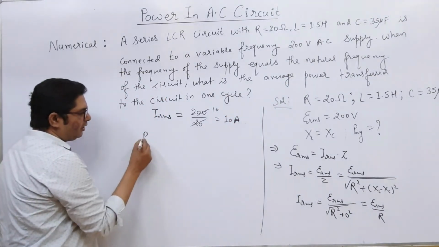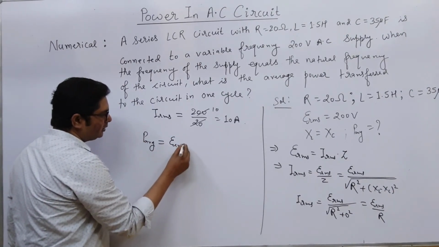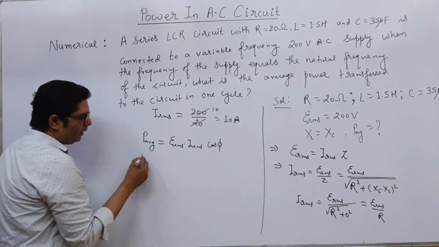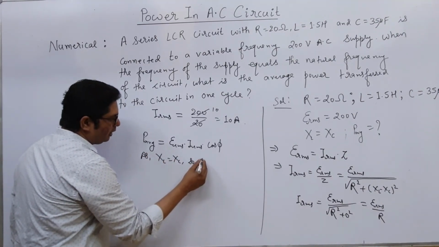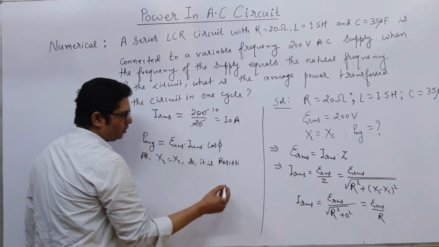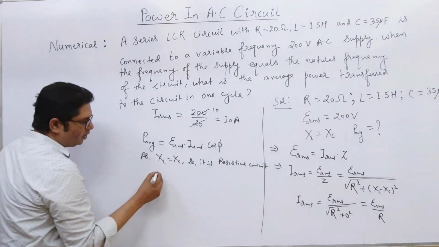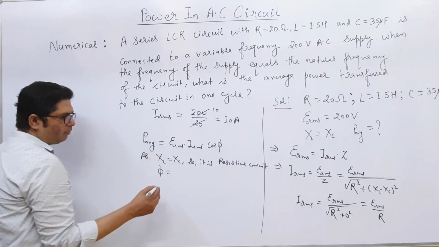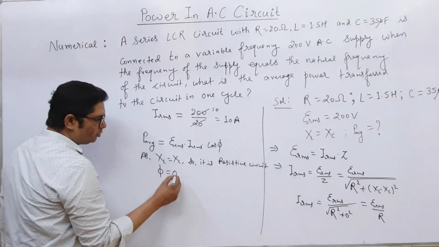Now P average is equal to ERMS into IRMS into cos phi. As XL is equal to XC, it is a resistive circuit. And in a resistive circuit, phi is equal to 0.